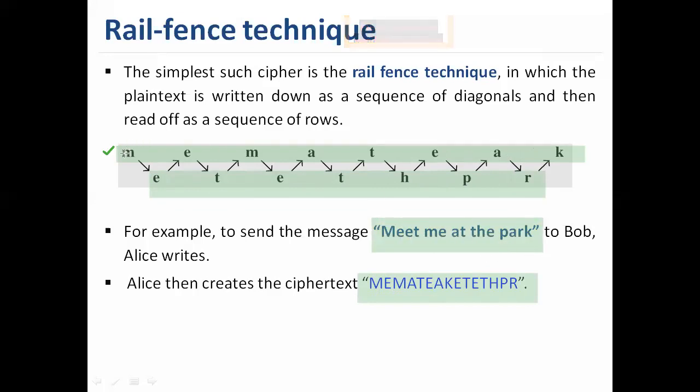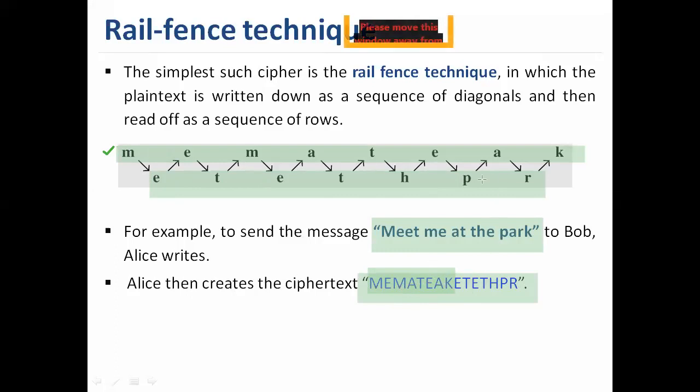So here we have converted the plain text into ciphertext, and Alice will have this ciphertext.